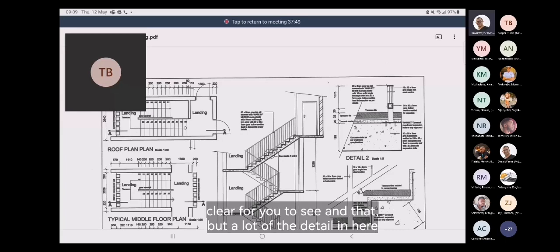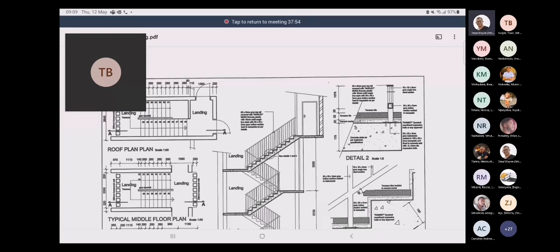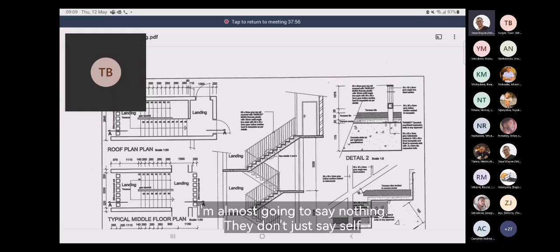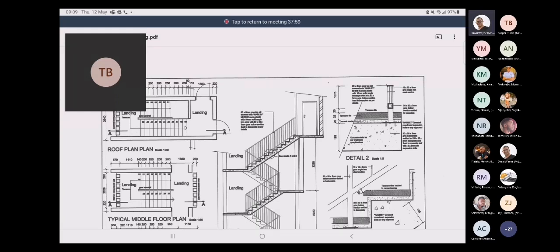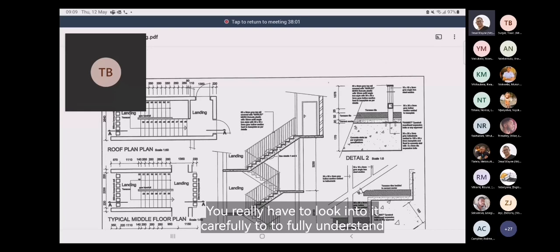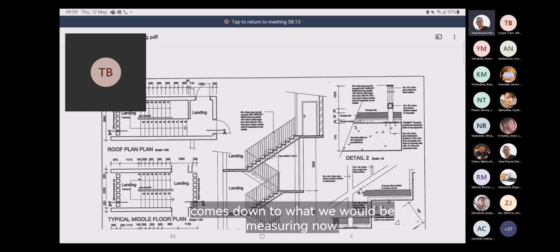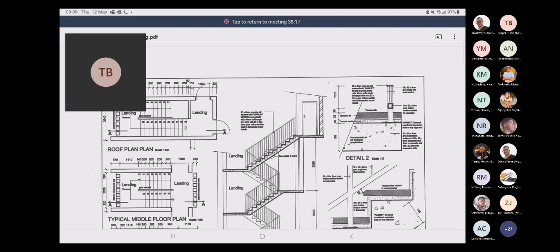I almost want to say it is self-explanatory, but you really have to look into it carefully to fully understand and to fully appreciate exactly how this is put together, especially when it comes down to what we would be measuring now. Okay, there are no questions. Okay, that's great. Right.